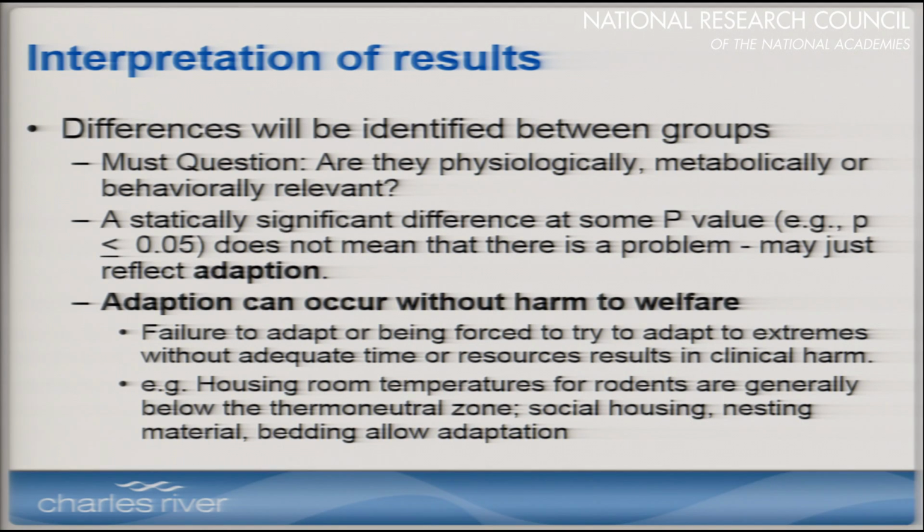So by providing them the ability and the resource to modify their local environment, they adapt to this relatively cold stress just fine. So a measurable difference doesn't necessarily translate into harm or decreased welfare. It's that continual stress, when they can't adequately adapt to it, that is when we should become more concerned.